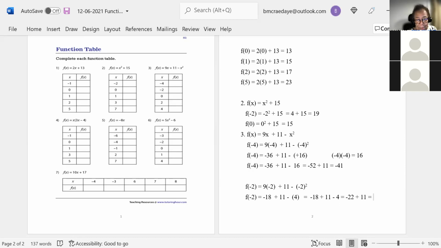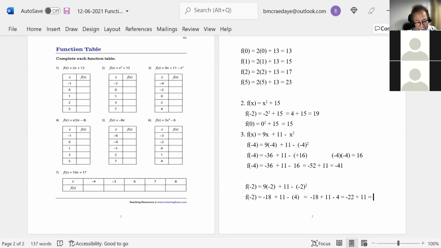33. No, unlike signs, subtract. Oh yeah, 22 minus 11, right? Right. Gives you what? 11. Plus or minus?